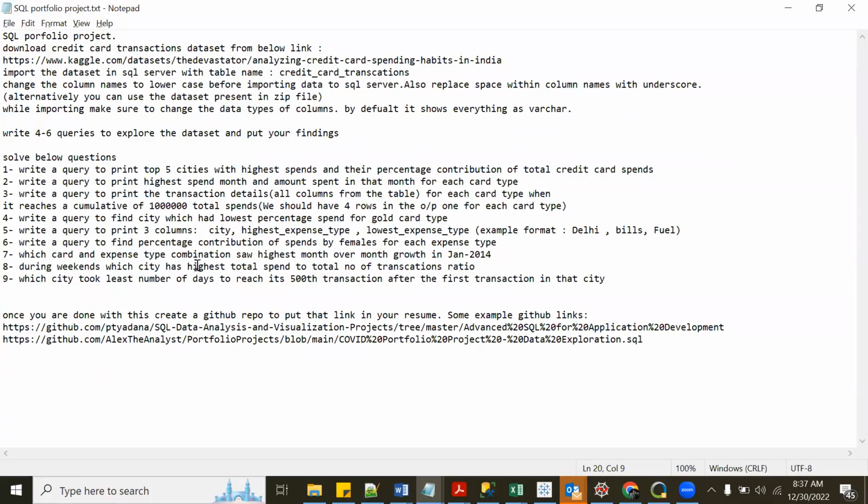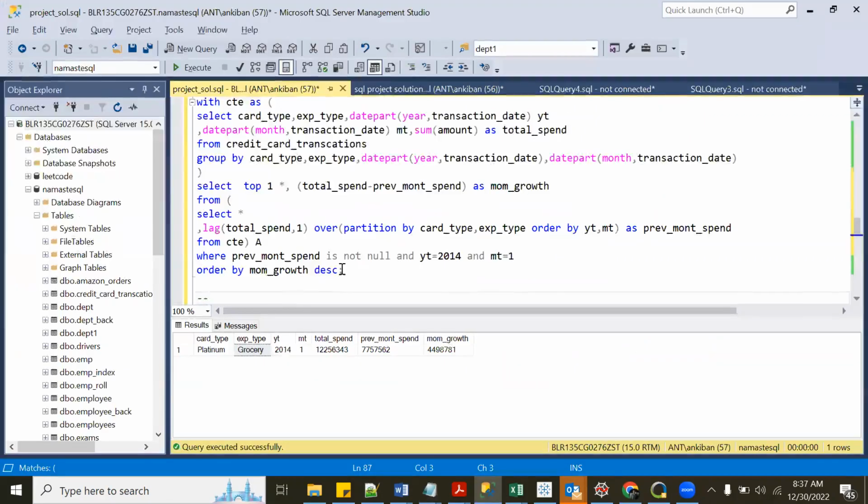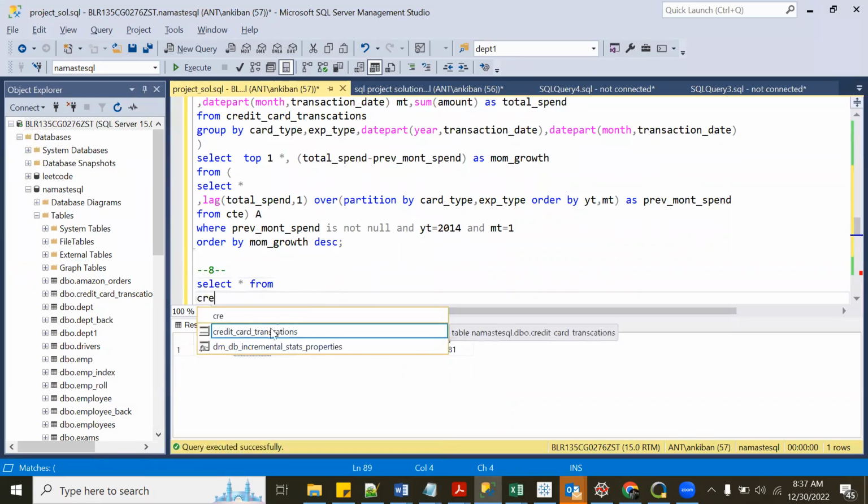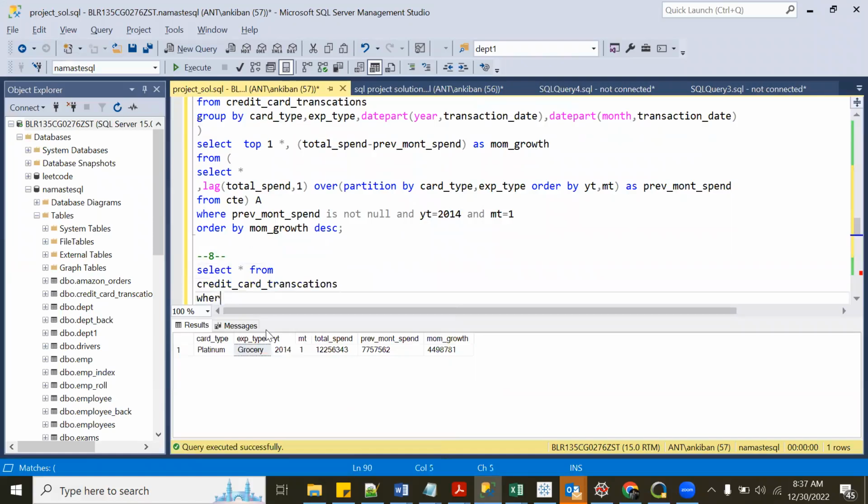During weekends, which city has the highest total spend to total number of transactions ratio? I think this is the easiest one of all. So I have to say select star from credit card transactions, where date part.